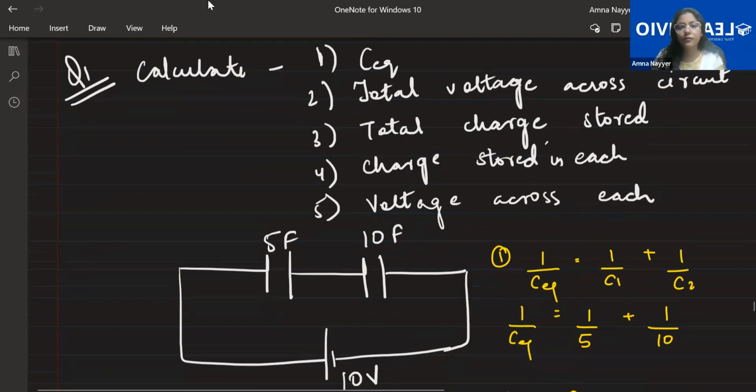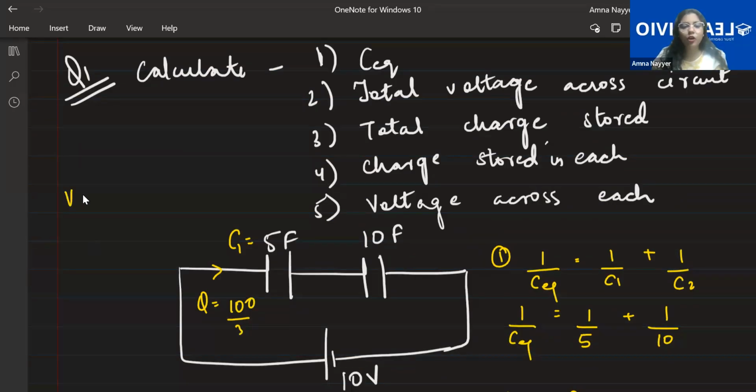Ma'am, the last one I'm not able to understand. Voltage. Yes. See, capacitance is given as C1. Charge we have calculated across this, that is 100 by 3, right? So what is the formula of voltage? Charge Q divided by capacitance, right?